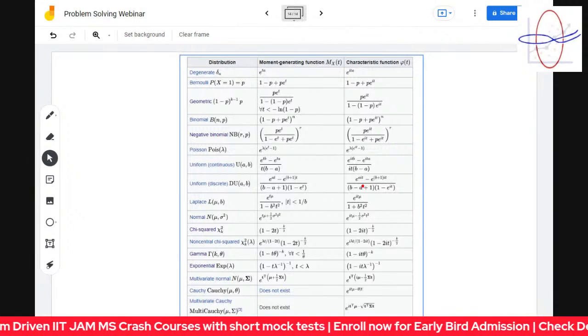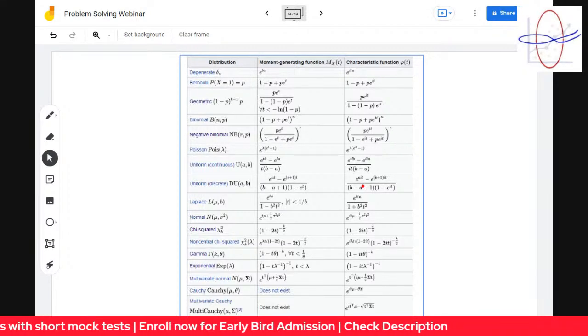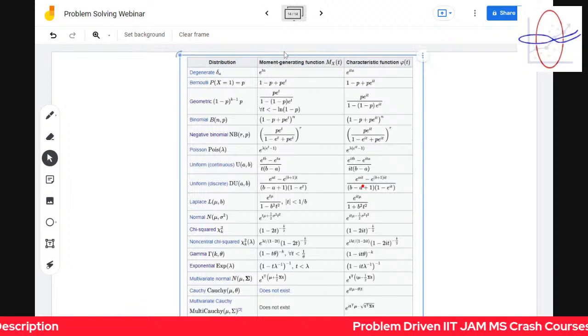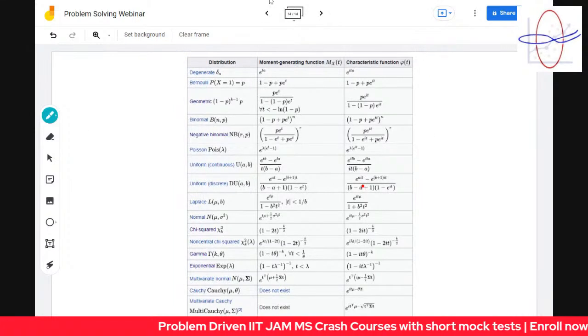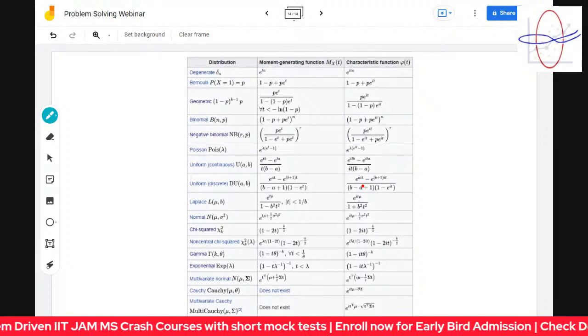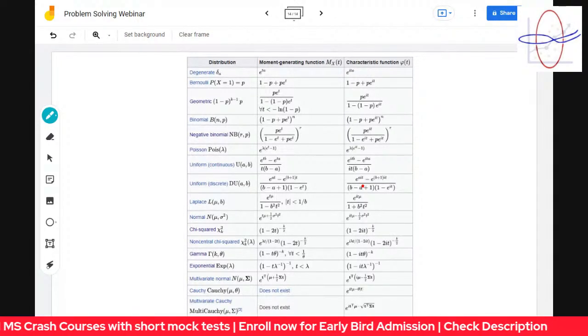What you told will help you to find the marginal distribution if you replace one of them by 0. Let's find out where this is. By visual inspection, we can say that when we put t1 or t2 equal to 0, both of them turn out to be exponential.